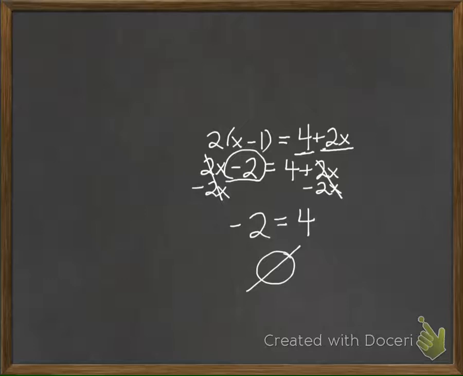The reason why that happens is because if we look at the original problem, let's look at it for a second. We had 2 times x minus 1, and on the right-hand side we had 4 plus 2x, and then after our distributive property we had 2x minus 2, and on the right, now this is 4 plus 2x, but if I rearrange it and put my variable term first, then I have 2x plus 4.